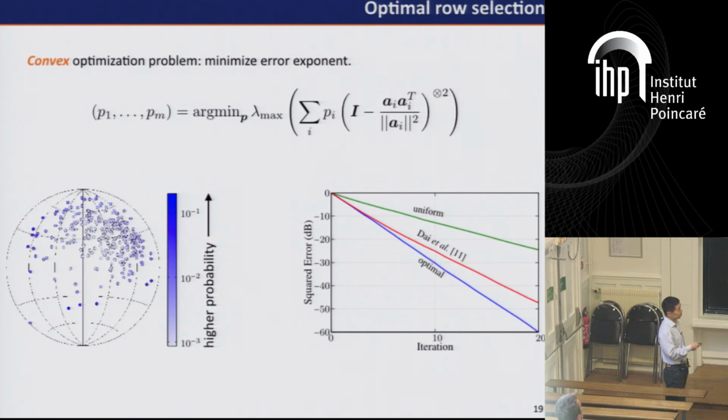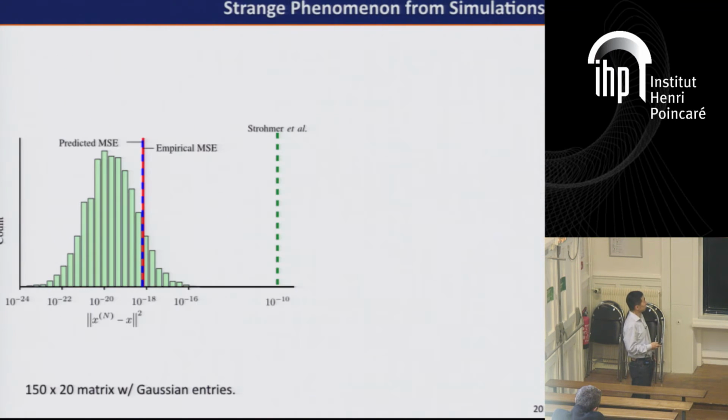The red curve is the result of another optimized sampling probability scheme. The only difference is that we're optimizing over the true MSE, but that previous work is optimizing over the bound. Okay, and there is again a difference of about 10 dB if we use the true MSE. So this is about optimizing sampling probability.